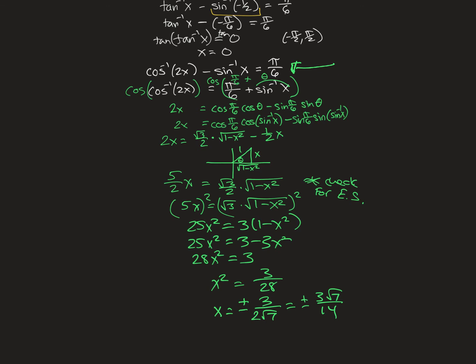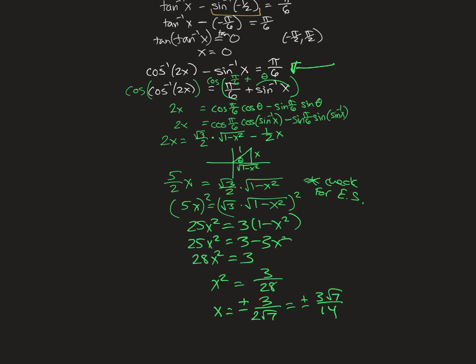So in other words, when you plug x into inverse cosine of 2x, and then subtract inverse sine of that x, will you get pi over 6? Or the decimal approximation of that, and the same will be true when you plug in negative. So I'm going to pause this and check, and maybe you do the same, and let's see if either of these are solutions, if both or none.